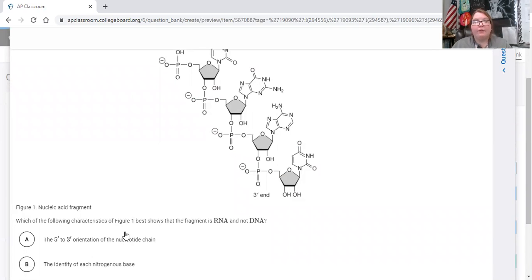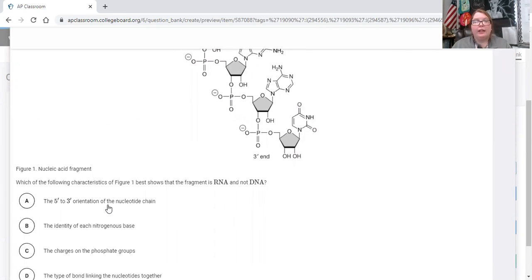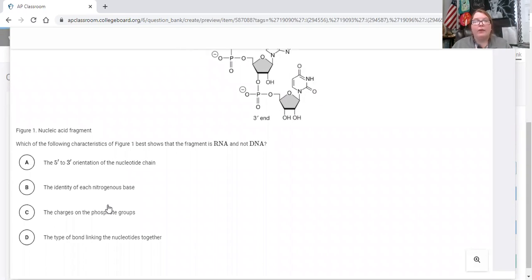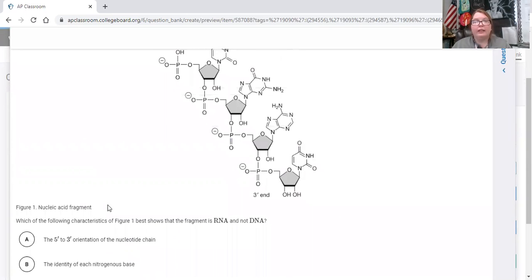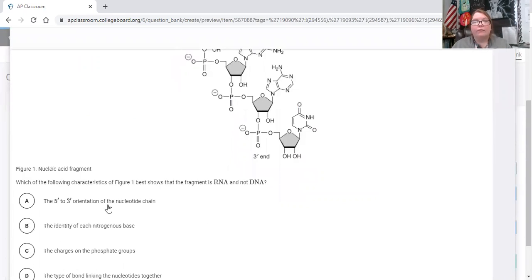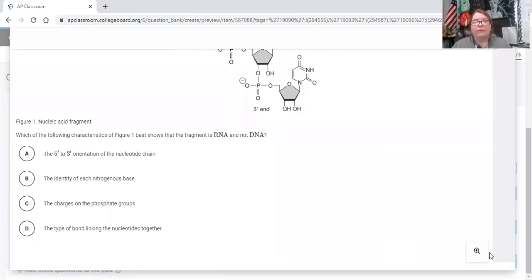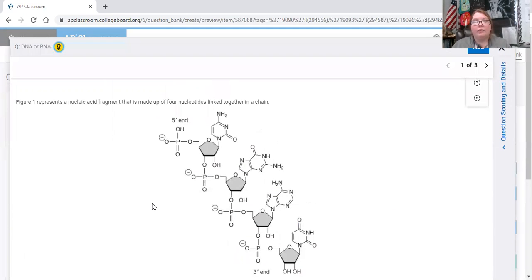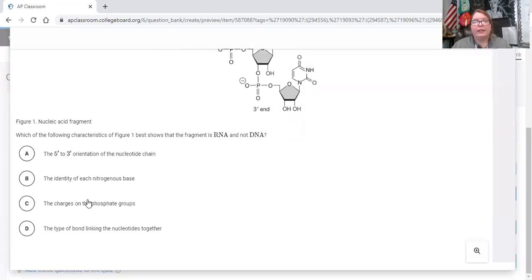Is it the 5 to 3 prime direction of the chain, the identity of each nitrogenous base, the charges of the phosphate groups, or the type of bond linking it together? You will just pick one of these options and it'll go from there. There's some others to look at.